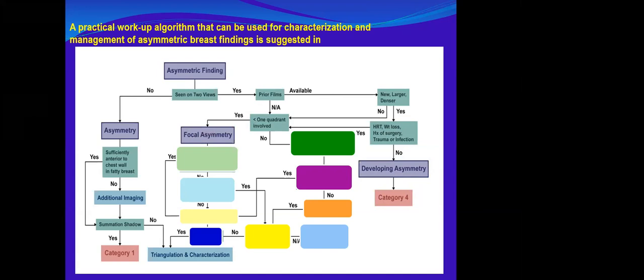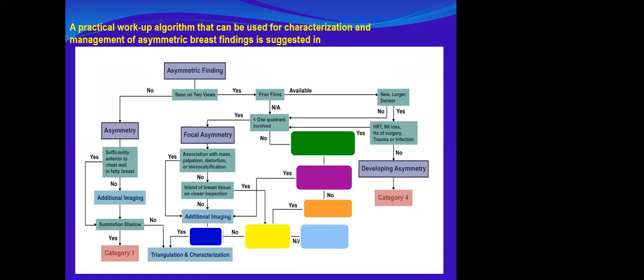If it is less than one quadrant, it will be focal asymmetry. And then we have to look for any associated masses, palpable abnormality, suspicious calcification or distortion. If it is no, that might be just an island of breast tissue, on closer inspection.